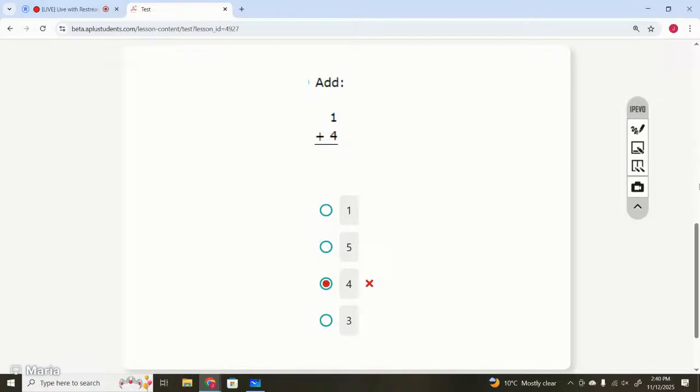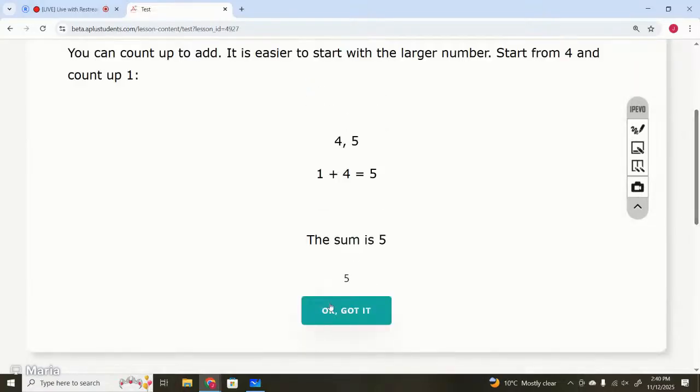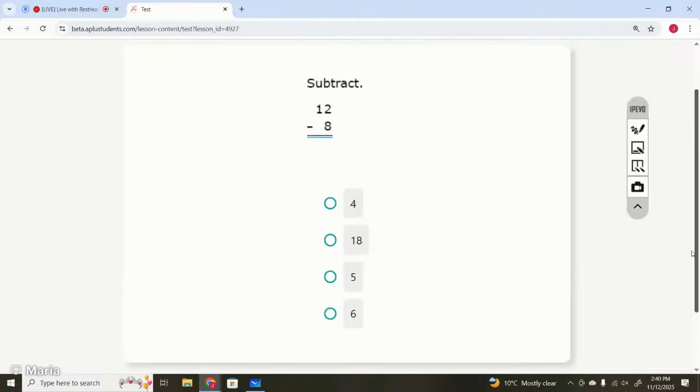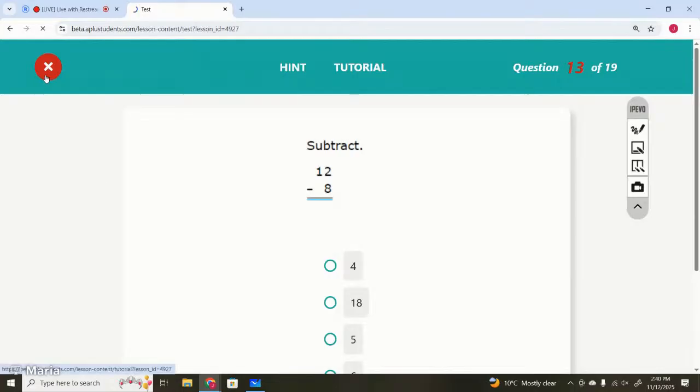I made a mistake. I selected the wrong option. Okay. 12 take away. Yes, 4 is the correct option. Okay, you can complete the lesson by yourself later.